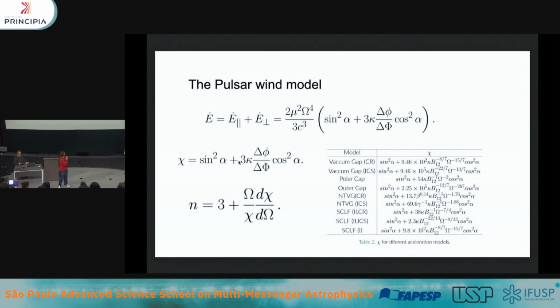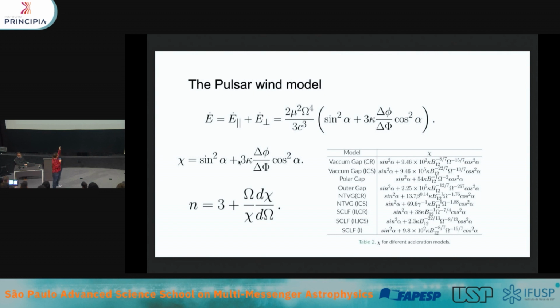There's a lot of things to pack over here. I'm just trying to simplify everything, but the main thing is, the pulsar wind is the wind around the pulsar, and the pulsar has this magnetosphere, which is where the wind blows, if you say so.